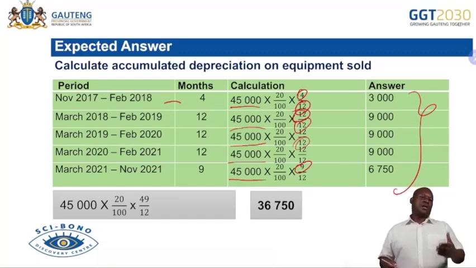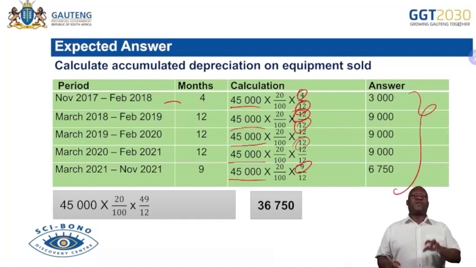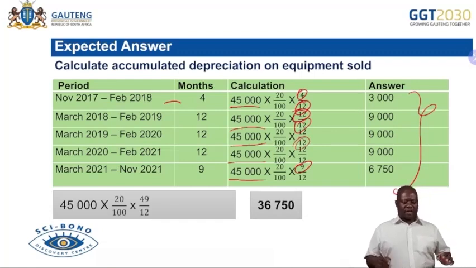Two roads leading to the same destination. 36,750 is the amount we have as the accumulated depreciation on the date of disposal for this equipment, which is being disposed of at the end of November 2021.